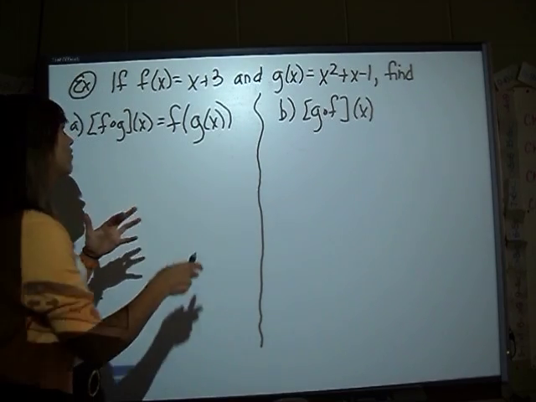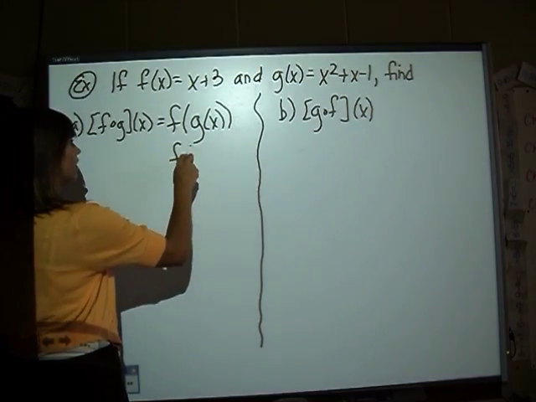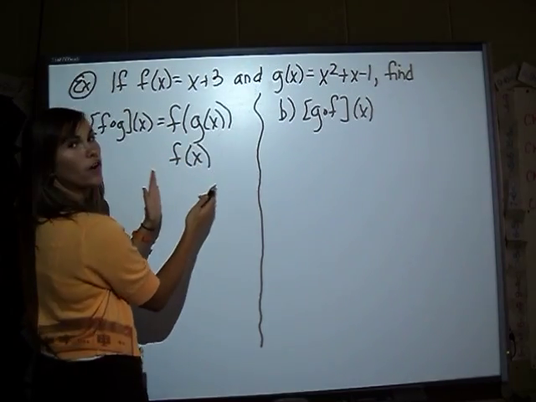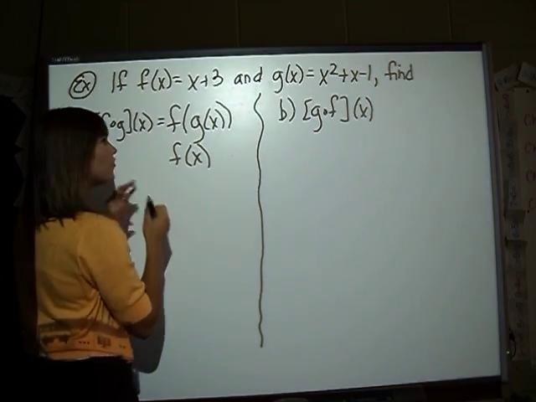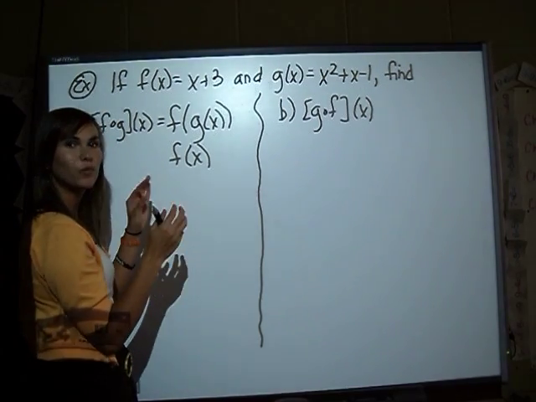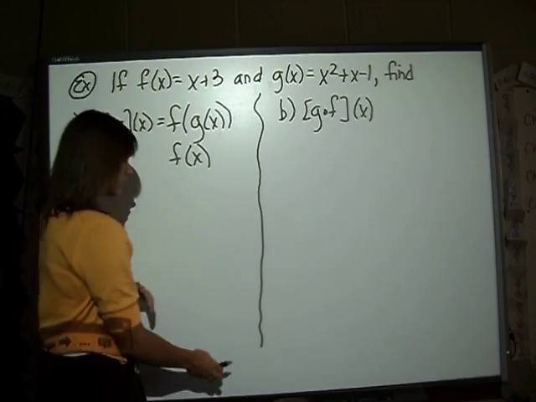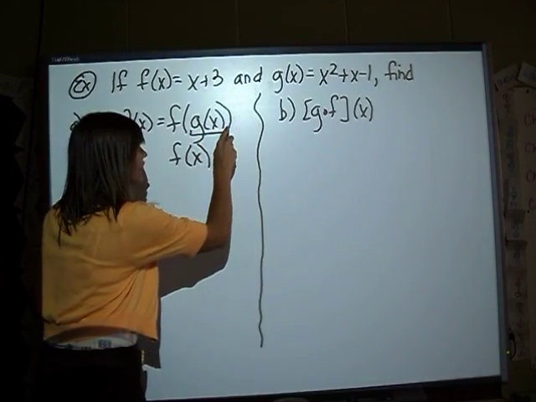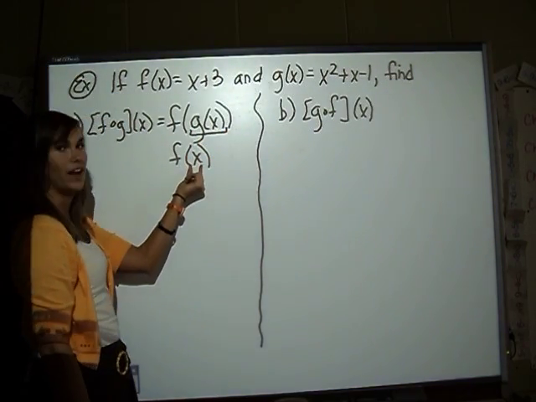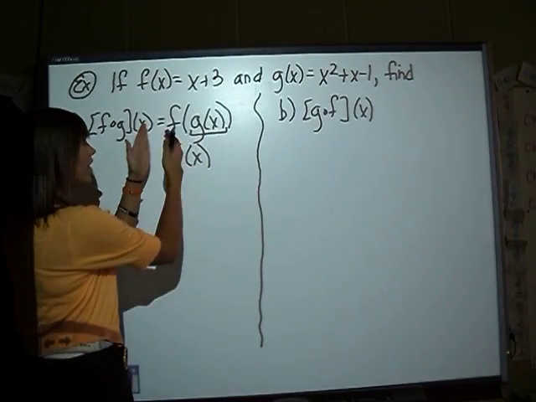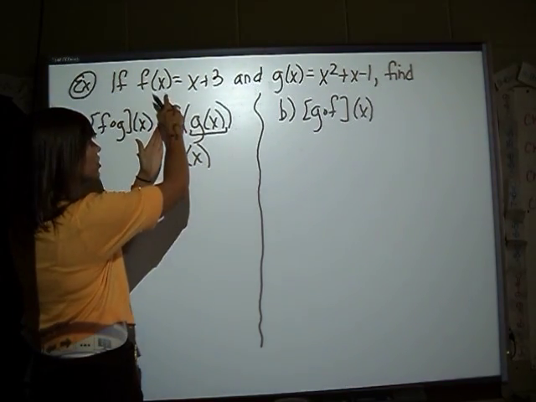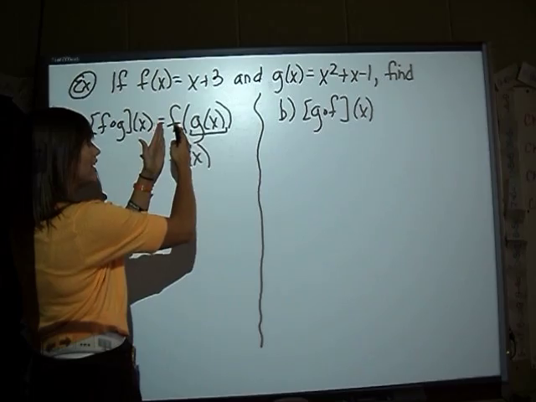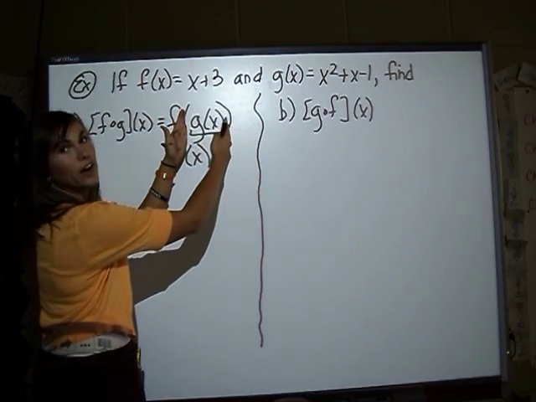We know that f of x means that we have a function of x. So if you look at what is being replaced here, what we're putting in the spot of x, we're actually putting in the entire g of x for x. Okay, so f is our main function, but we're evaluating f at g of x.